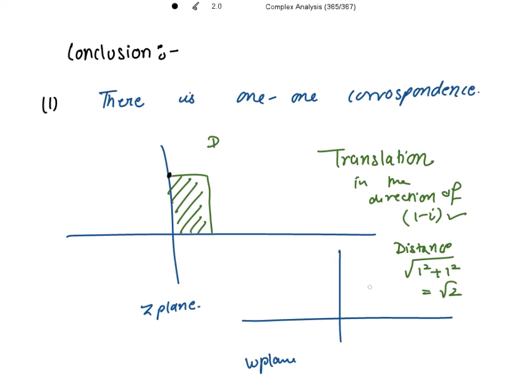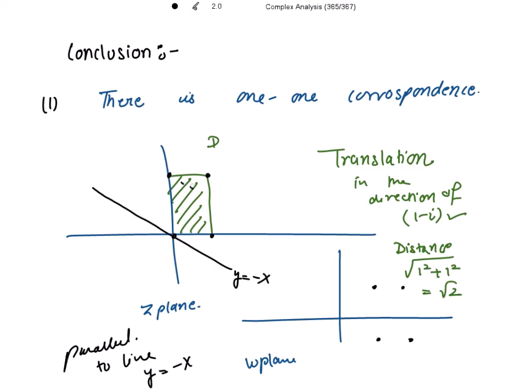This point moved a distance square root 2. This point moved a distance square root 2. This point is also moved a distance square root 2, and similarly this point. And if I notice, this is parallel to the line y equal to negative x.